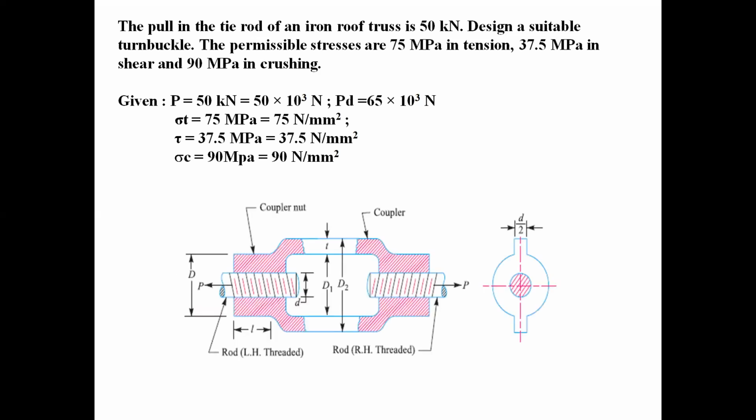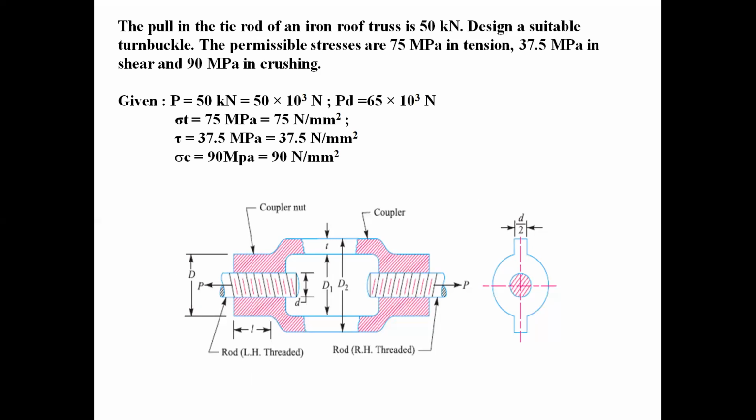Now look at the picture. When we say design of turnbuckle, we have different dimensions. Small d we consider as the tie rod diameter, capital D as the coupler nut diameter, capital D1 and D2 are the internal and external diameters of the coupler, and L is the length of the coupler nut.